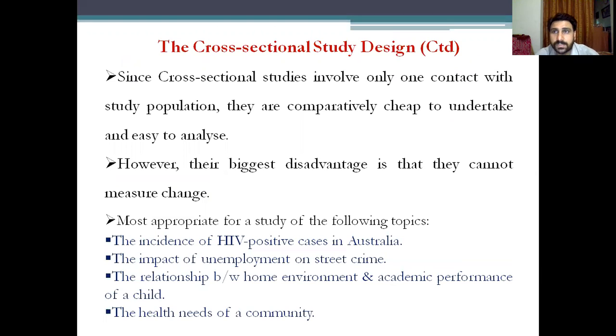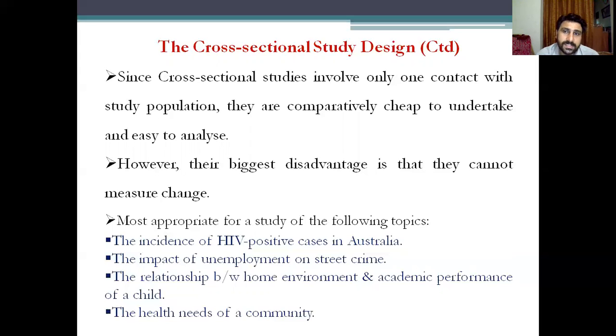You don't have that much complex data. You don't need to compare the data. So it's comparatively easy to analyze as well. That's their advantage: it's cheaper to conduct, and the data obtained from such a study design is comparatively easy to analyze and interpret.